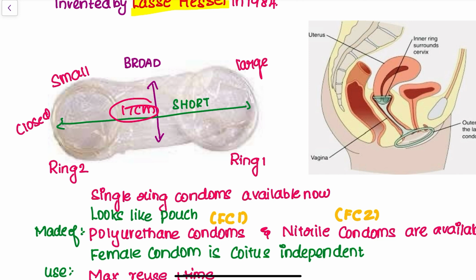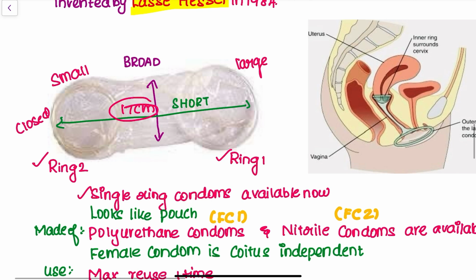In contrast to the male condom, the female condom has two rings, ring number 1 and ring number 2. But the important point here is that even single ring female condoms are now available in the market, as well as double ring female condoms.